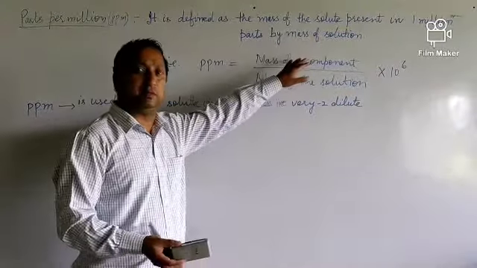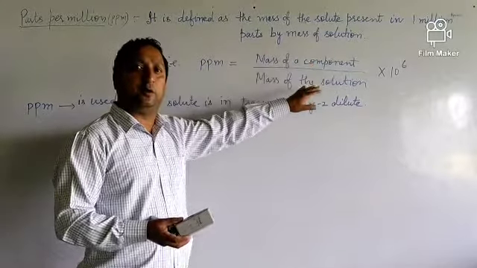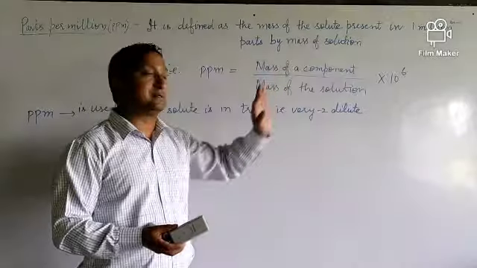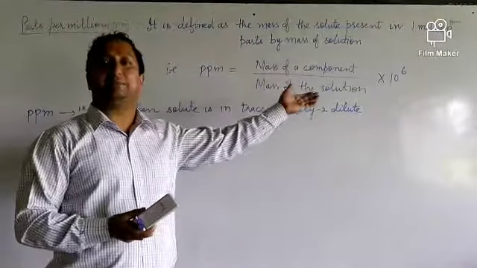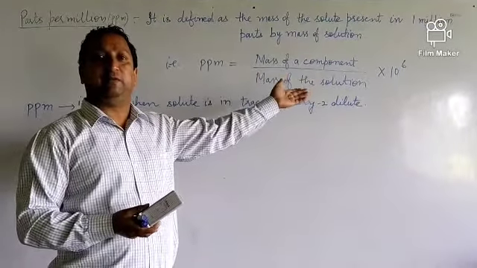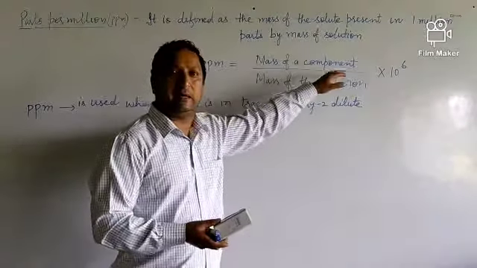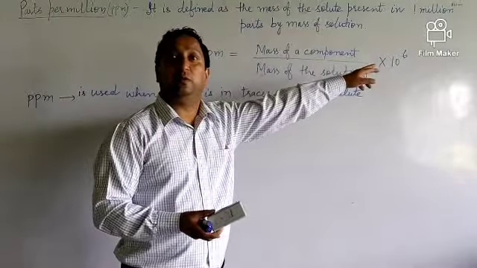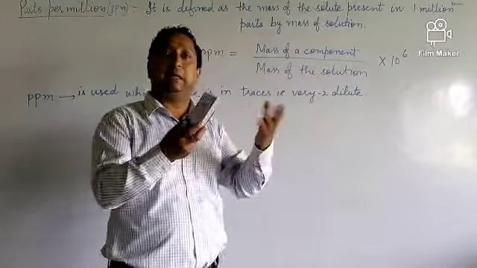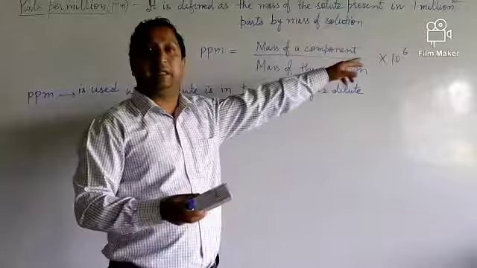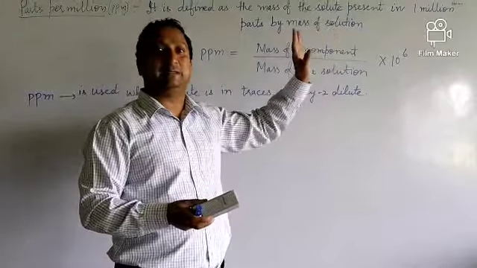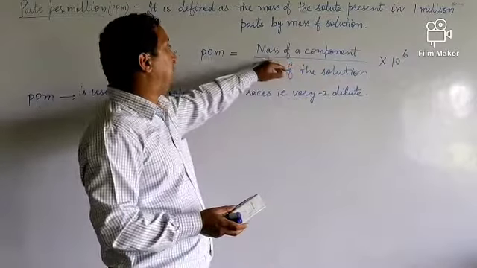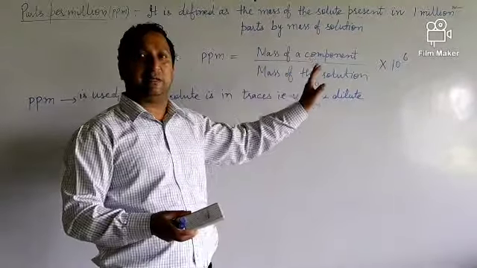Mass of a component upon total mass of the solution into 10 raised to power 6. Basically, this is just like the mass percentage. In mass percentage, what we have done? Mass of a component upon total mass of the solution into 10 to the power 2. Here, because we are dealing with the million, so that's why we have taken it with the 10 to the power 6. Nothing else. Okay. It does not have any units. Why? Because mass divided by mass, that is unitless.